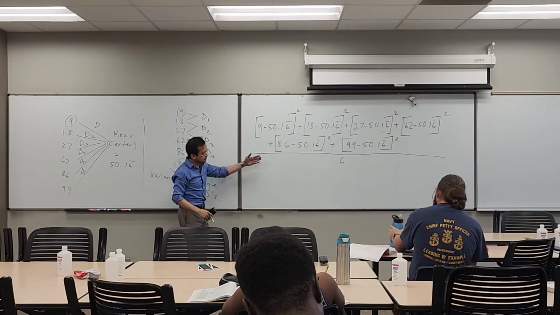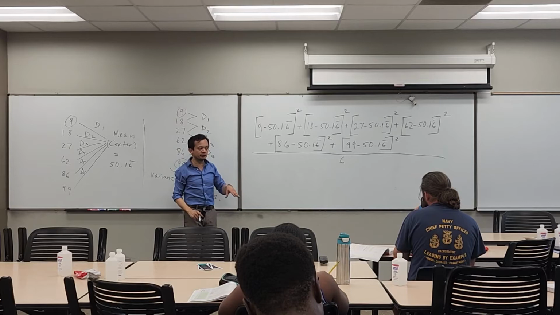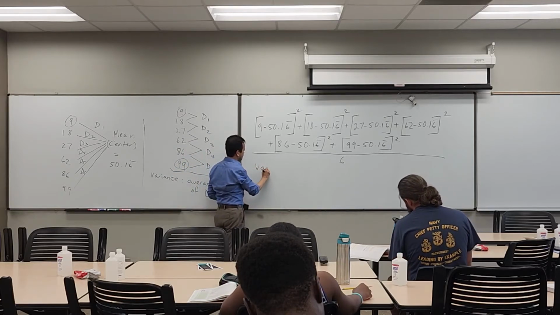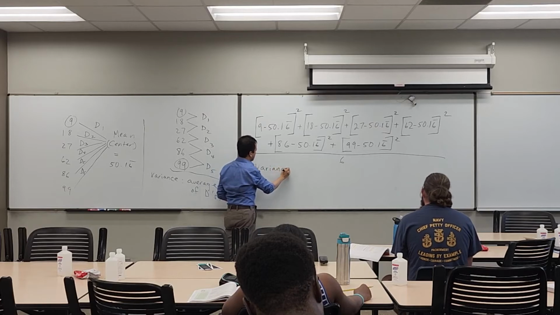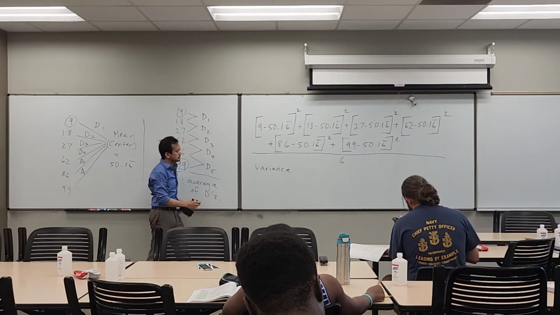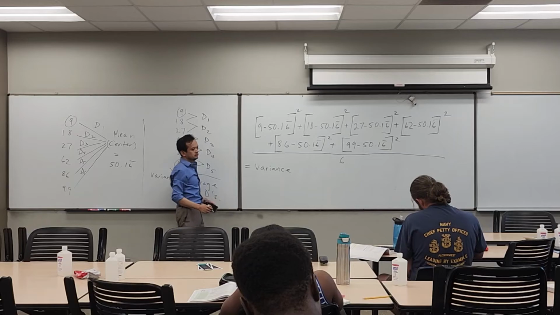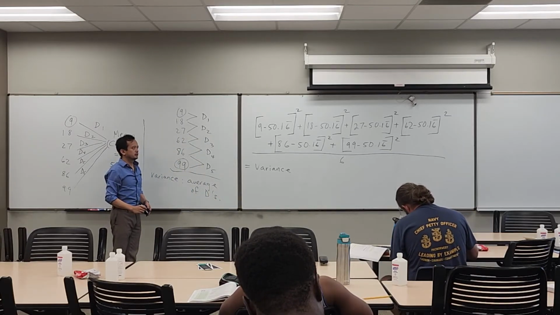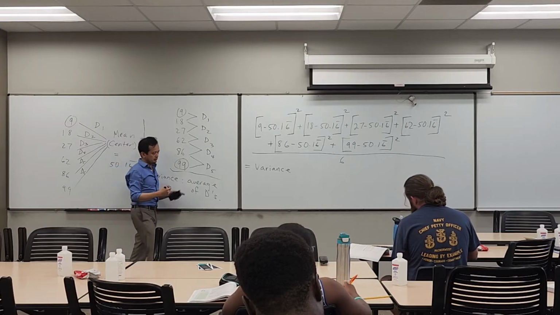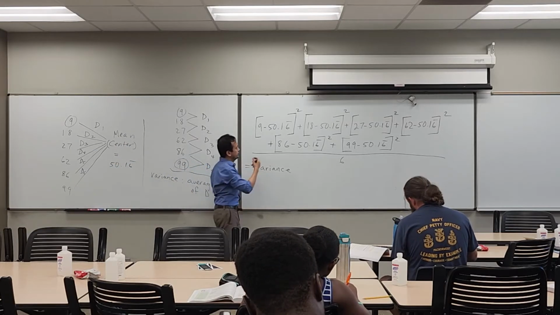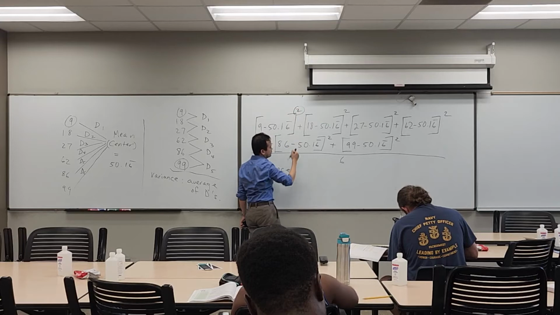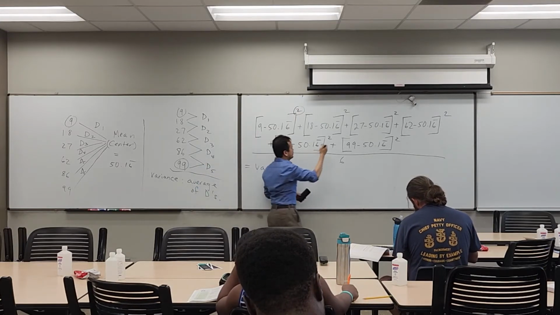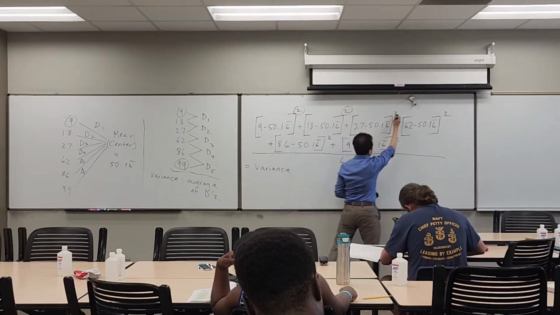So this is actually a measure of variation that is used in real life. This is called the variance. So you notice that in this variance, what we did was we squared each of the distances in order to force them to be positive, because it doesn't make sense to have a negative distance.